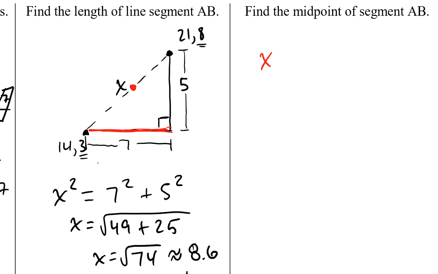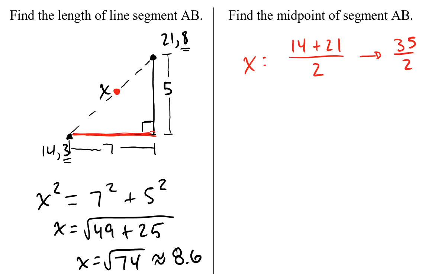I could start at 14 and add 3.5, but I'm going to go ahead and go this way. I'm going to say let's look at 14 plus 21, and I'll divide that by 2. Well, if I take 14 and 21 and add them together, I believe I get 35. And 35 halves, it turns out, is the value of x at this point. 35 halves, which, if I was to convert that to a decimal, is exactly 17.5.